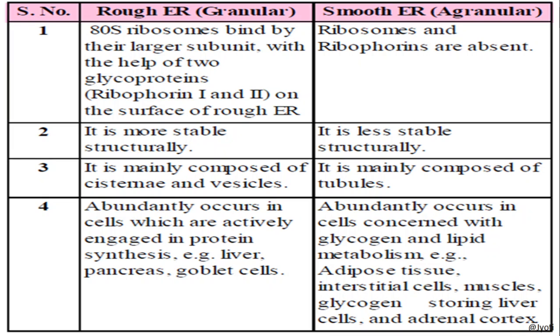The rough endoplasmic reticulum is more stable structurally, whereas smooth endoplasmic reticulum is less stable structurally. The rough endoplasmic reticulum is mainly composed of cisternae and vesicles. This point is very important. The smooth endoplasmic reticulum is mainly composed of the tubules. Rough endoplasmic reticulum abundantly occurs in cells which are actively engaged in protein synthesis, as I have already told you, such as the cells of liver, pancreas, and goblet cells.